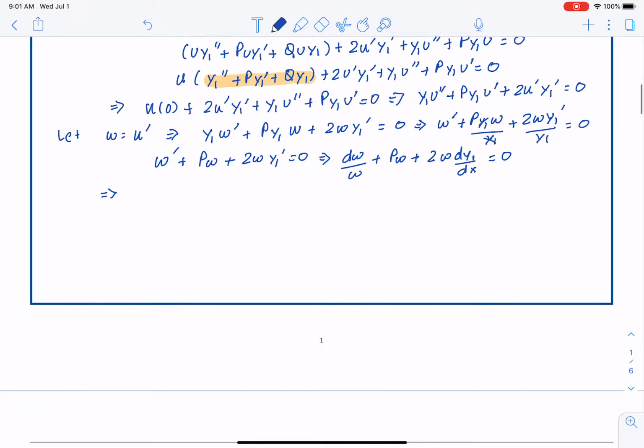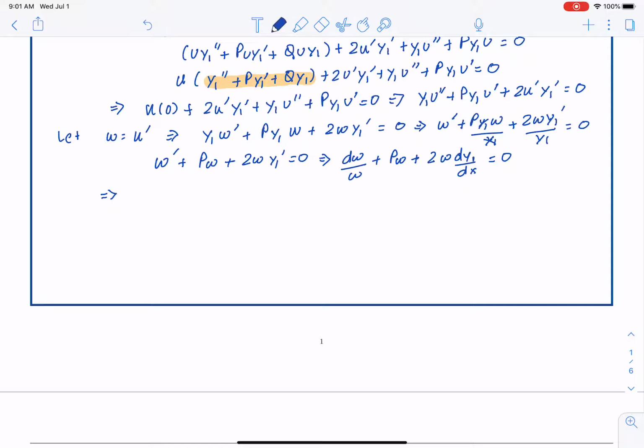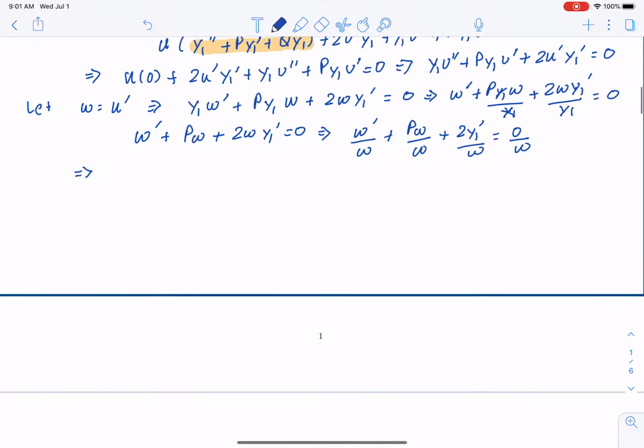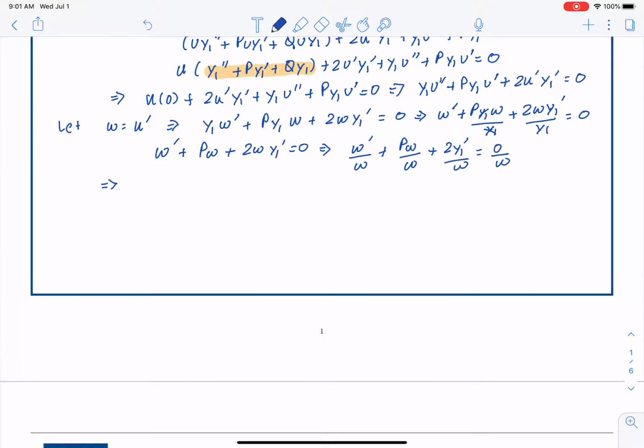I have to divide by w also. I skipped one step here. So if I divide by w on both sides, I'd have w prime divided by w plus p w over w plus 2 y1 prime w divided by w equals 0 divided by w. So that would give me w prime over w plus p plus 2 y1 prime over w equals 0.